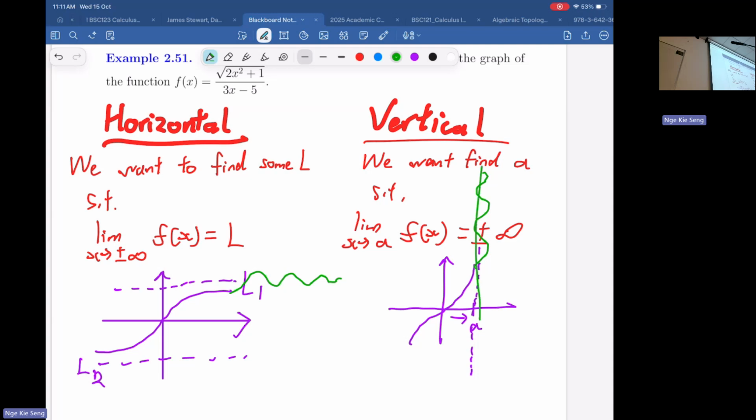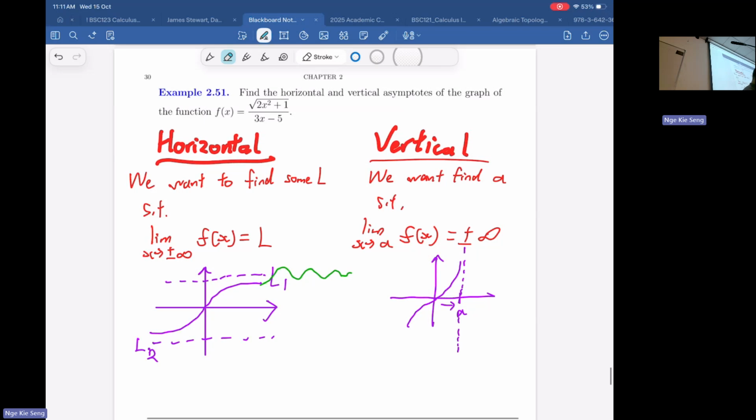So this situation we won't consider in the vertical case. The only case for a vertical asymptote is this kind of case: either you approach from the left or from the right. There's no same-side approach like that. But for horizontal, it will happen, as it gets very close.